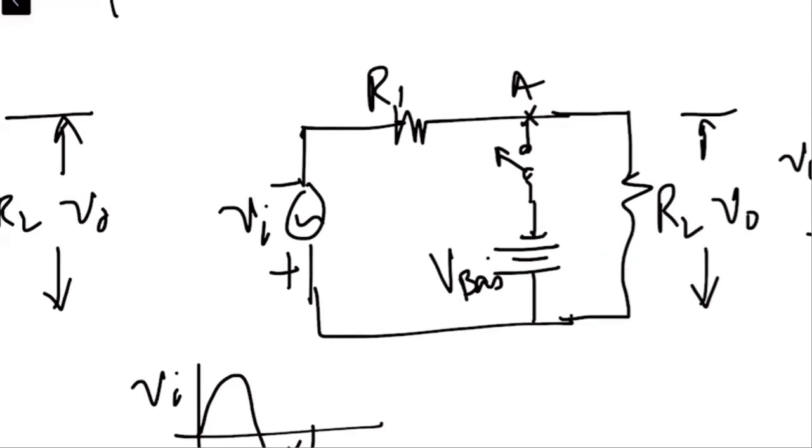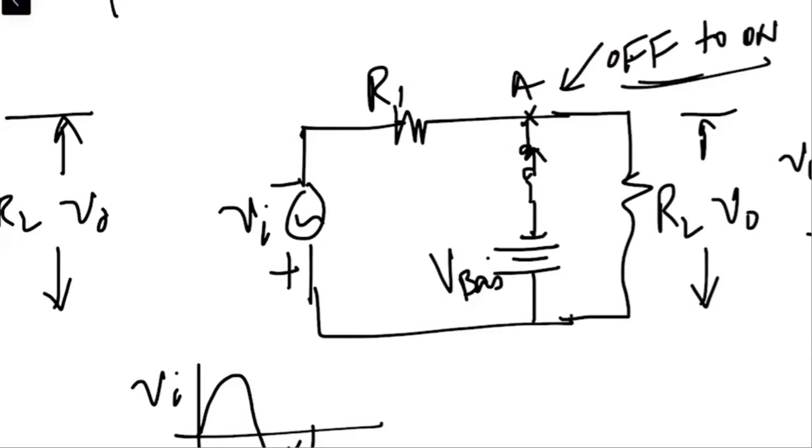So as the potential over here at point A becomes equal to V bias, we have a transition from the off state to the on state of the diode, right?